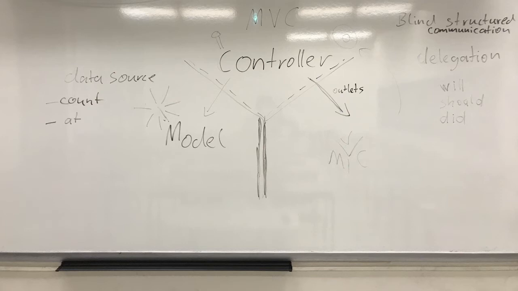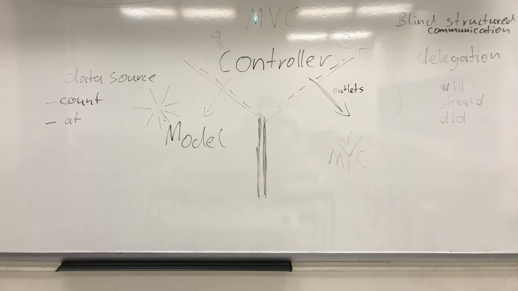We want to keep the view very dumb. The view shouldn't have any logic in it. This is what the view controller is for. The view controller tells the view what to do. So the view can tell the view controller, oh, I scrolled down, and then the view controller can do something accordingly. So delegation, we're going to see it later.